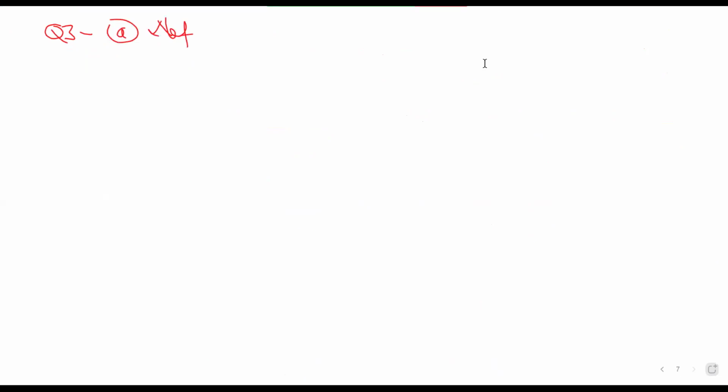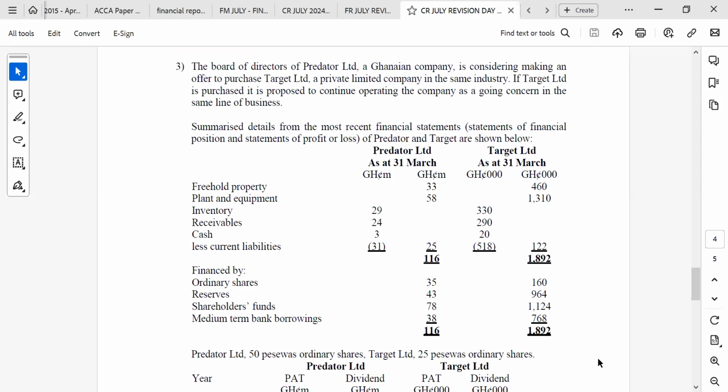That will be the net assets. So for the net asset, what we do is that we have our total assets. Then we now adjust, as the total assets should always be at the market value. So we are doing this for Target company, isn't it? What is their freehold property? What is the value of their freehold property?